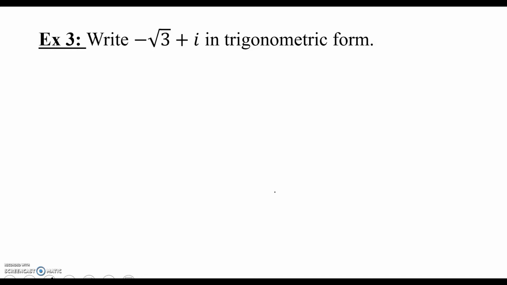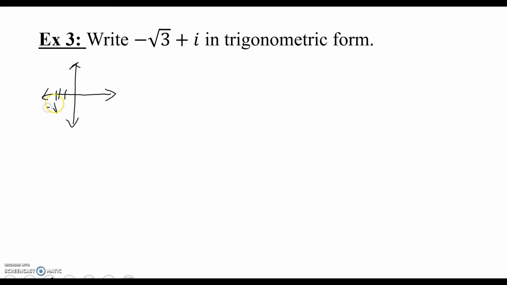Alright, so let's try this example. We want to write negative square root of 3 plus i in trigonometric form. The first thing we want to do is sketch it to see what quadrant it's in. Negative square root of 3 is somewhere between negative 1 and negative 2, so it will be over here somewhere.